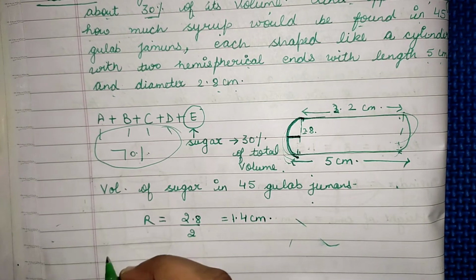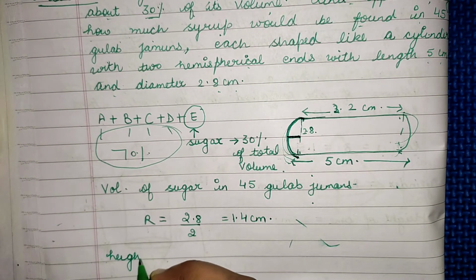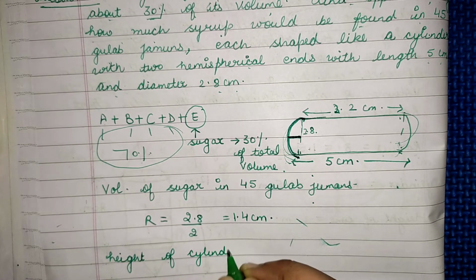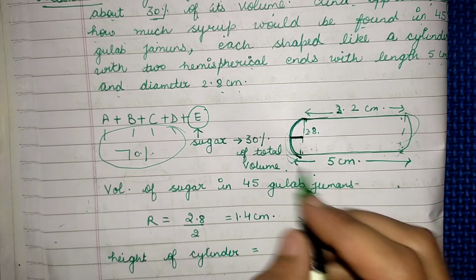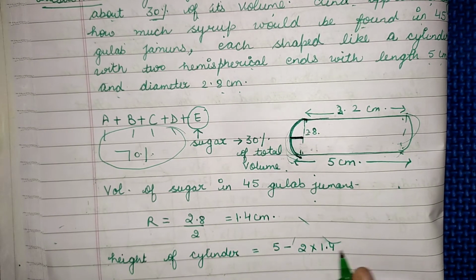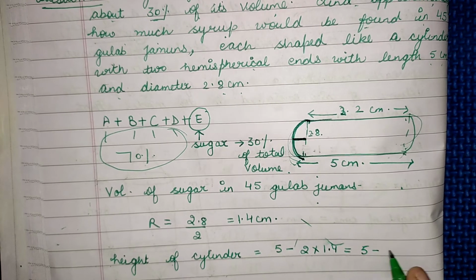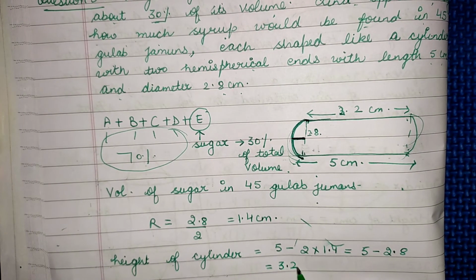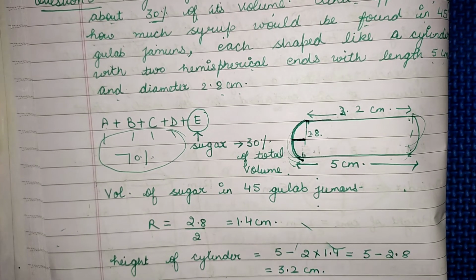Okay, so what will be the height of the cylindrical part? Height of the cylindrical part will be equal to the total height 5 minus 2 times the height of each hemisphere, which is equal to 5 minus 2.8, which is equal to 3.2 centimeter.